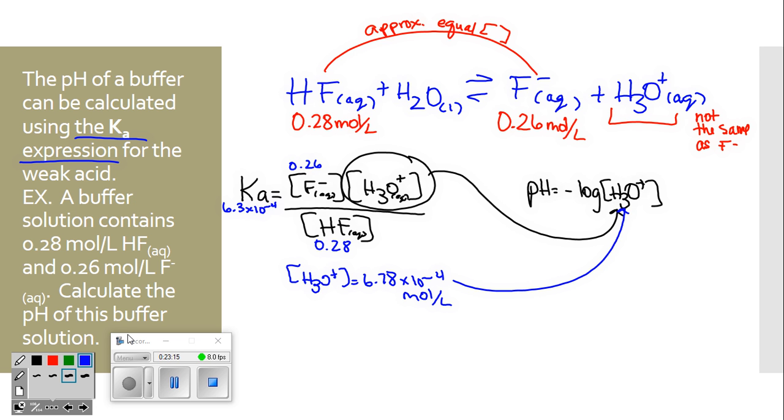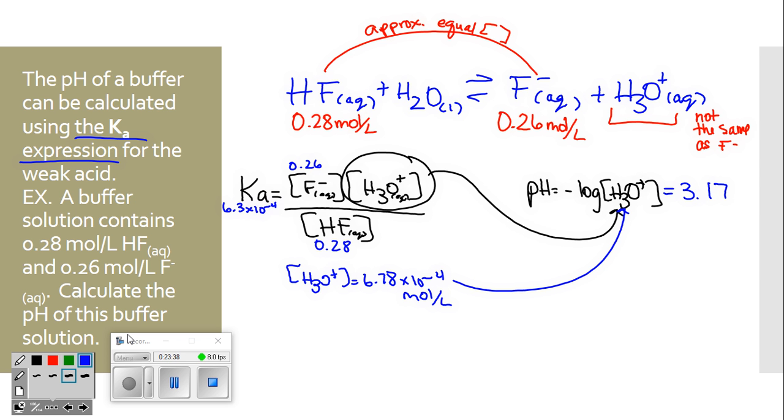I'll bring this value into my pH calculation. So negative log of 6.78 times 10 to the power of negative 4. And I would get 3.17 as the pH.